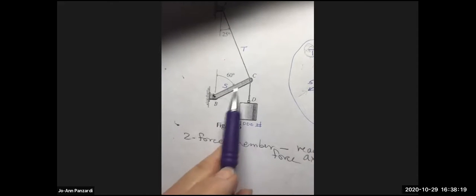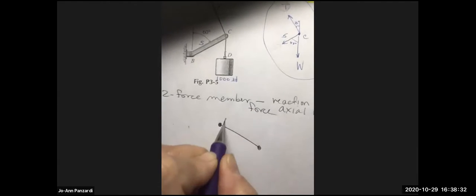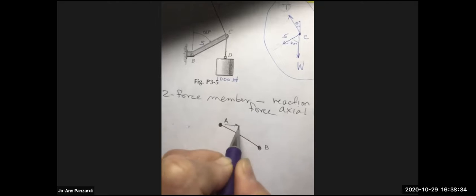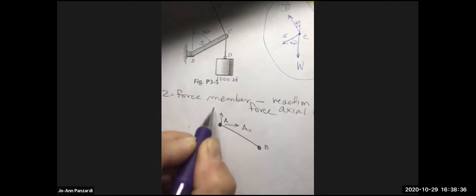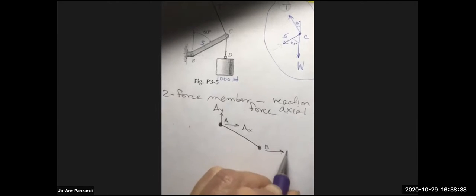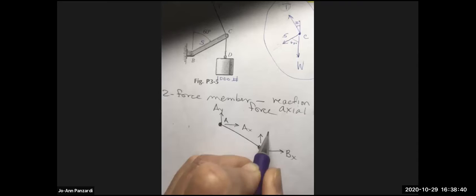And you could put a BX and BY here and put an equal and opposite here, and you're going to find out that that's what the case is. So whenever you have a two-force member, take a look at this. Let's call this AB. I have an AX, AY, and I have a BX, BY, right?